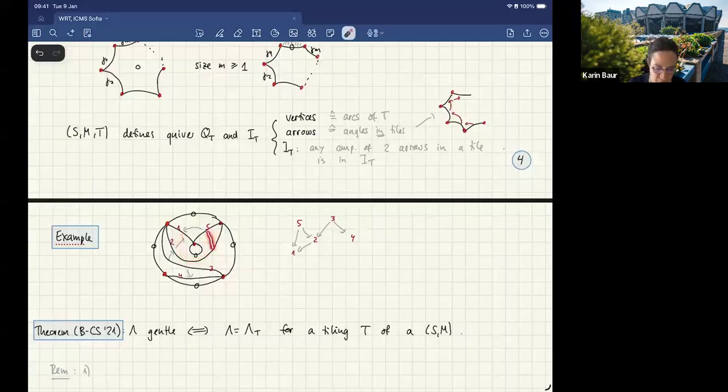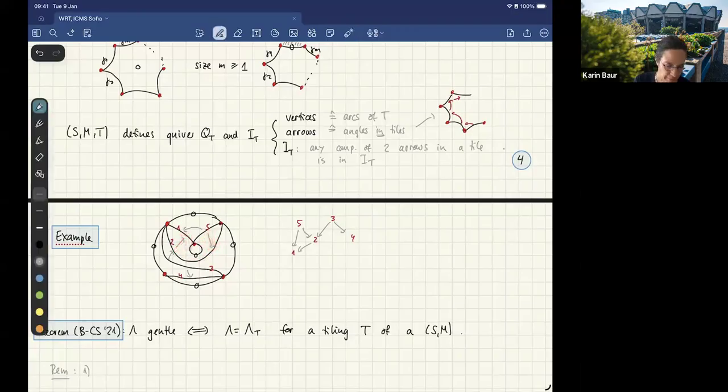If we first do 5 to 2, then 2 to 1, that's a composition of 2 arrows in the tile, so there should be a relation here. And that is just indicated by the dotted line.